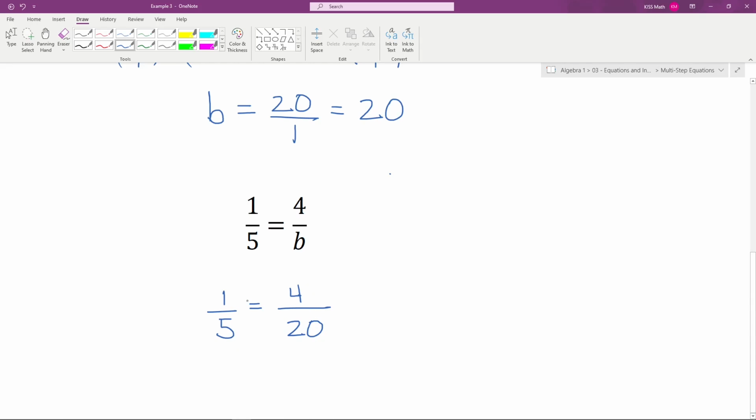And so this is already telling me the same thing, right? If I just reduce this fraction down, 4 divided by 4 is 1, 20 divided by 4 is 5, and yeah, we get 1 over 5 equals 1 over 5, so that checks out.